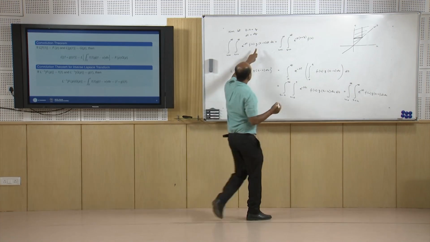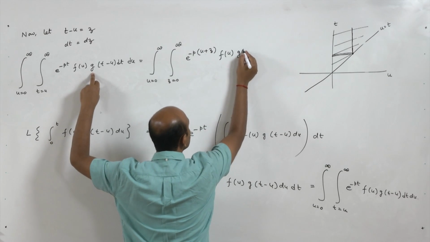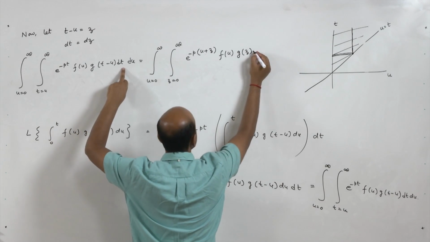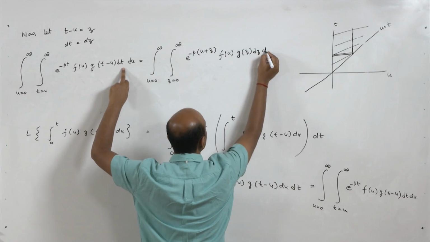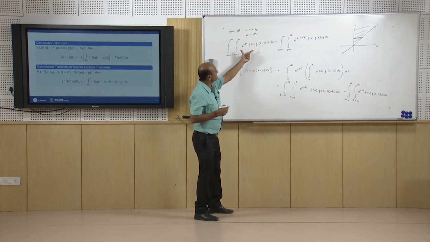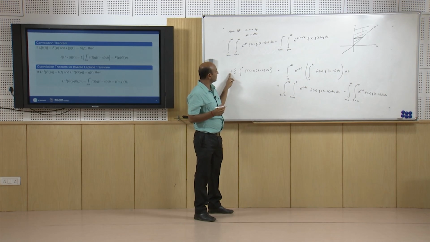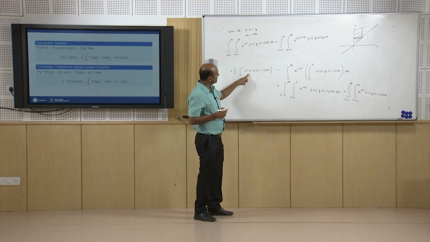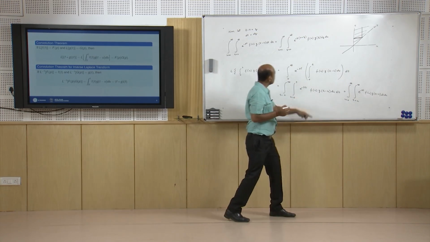Okay. So g(t minus u) is g(z), and dt is dz, and it is du. Okay. And this expression is nothing but Laplace of convolution of f and g. Okay. So this is equal to this expression, and this is equal to this expression.